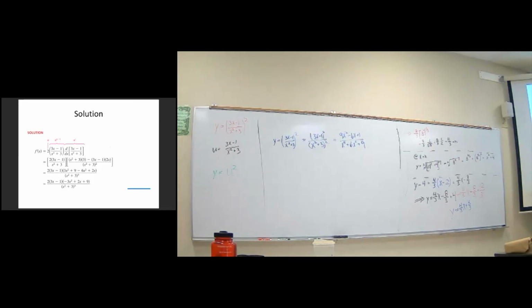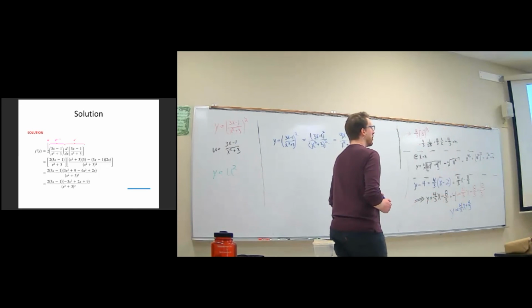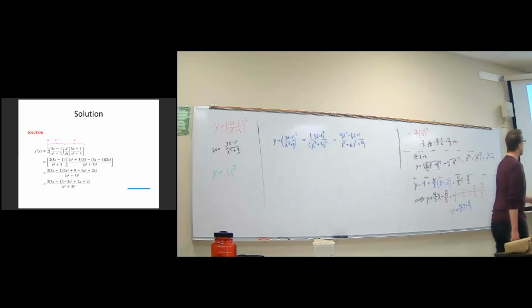Quotient rule gets applied to u, right? Chain rule gets applied to the whole thing. And in either case, your solution should come out like this. Is everybody cool with this? Good.